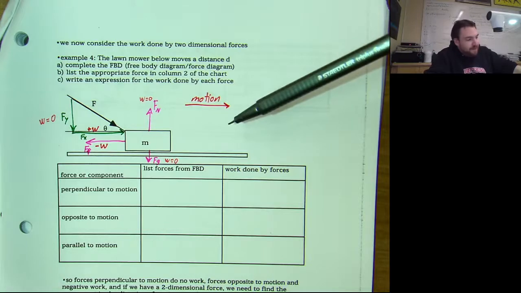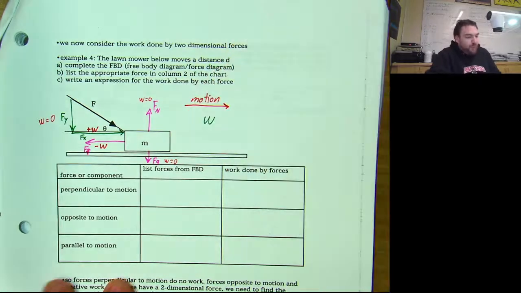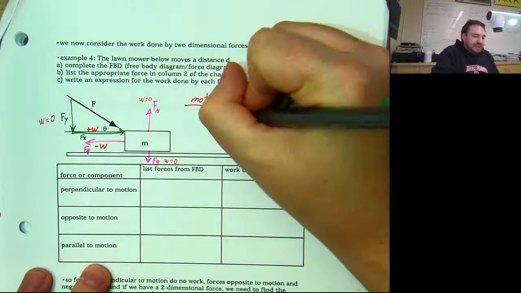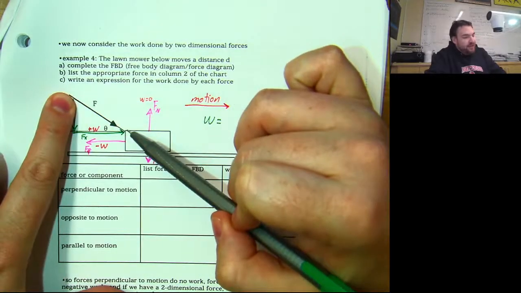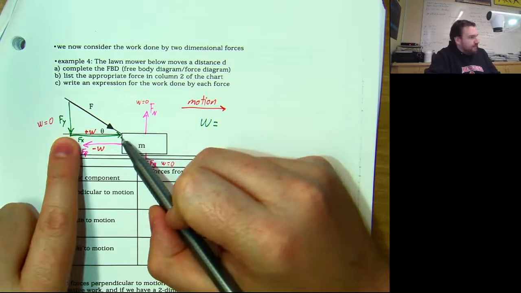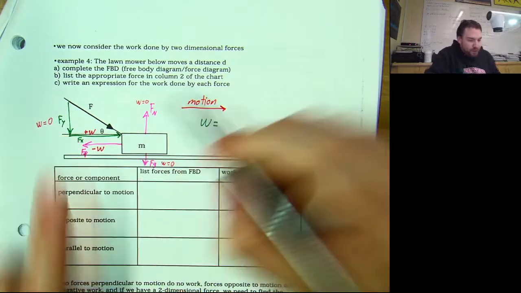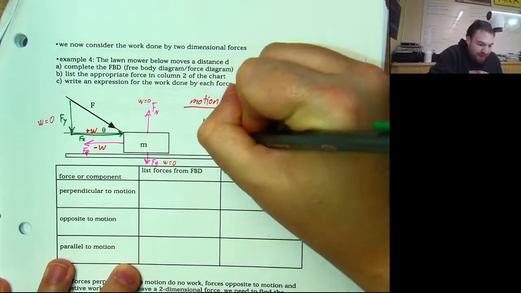Okay. Hold on. We'll keep it together. So if I'm looking at the work done here, this is where that idea of work equals FD cos theta comes from. Because as soon as I've got a force acting at an angle, the only piece of that force that's actually doing any work is this x component here. So work equals Fx times our distance. Well, what is Fx?